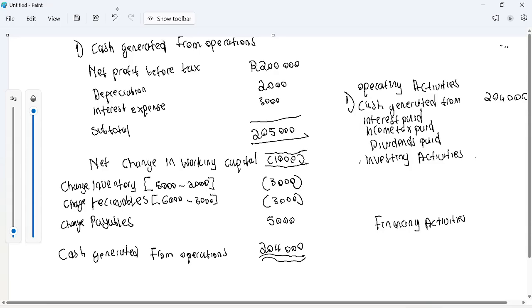So these are the things that fall under our cash generated from operations, right? So therefore, interest paid is an outflow of money, income tax is an outflow of money, dividends paid is an outflow of money. Why? Because we paid them, right? I'm going to do a video explaining how we get our interest paid, income tax paid, and dividends paid.